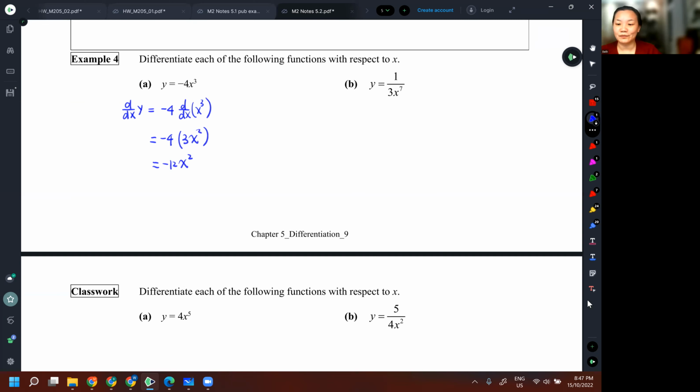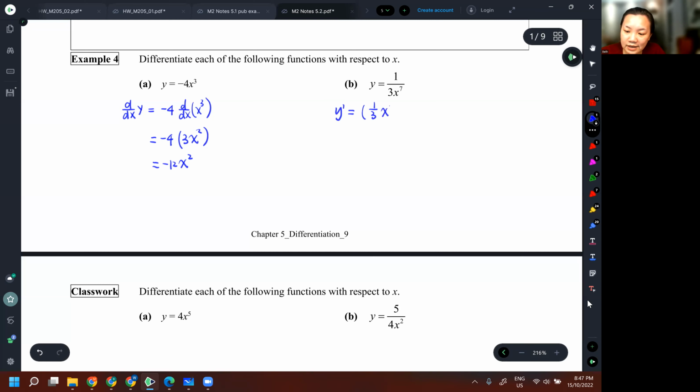I'll show you another one. This time I will use the prime notation. y prime is equal to one third x to the negative 7, prime. Now I'm rewriting this fraction into another form, which I prefer. And then I will take out this and write this. I'm using the other notation, do you see?